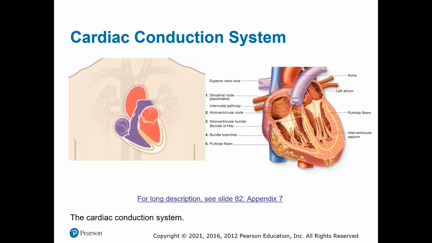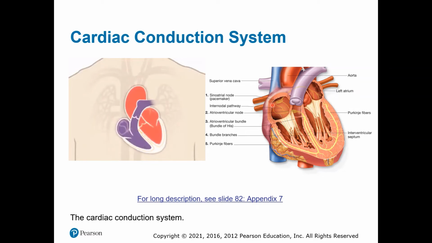We talked about the cardiac conduction system that allows the heart to beat and allows the muscles to contract to send blood to where it needs to go. At the very top, right here, is your sinoatrial node.